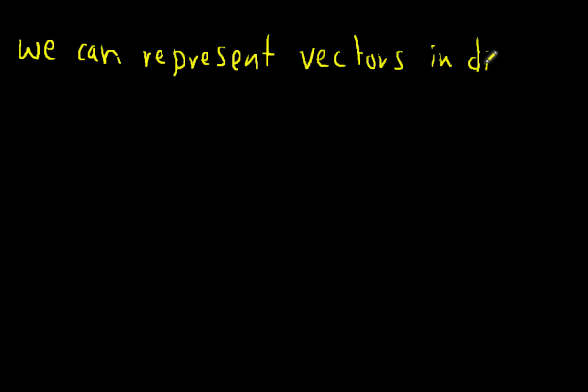We can represent vectors in diagram form by drawing arrows.